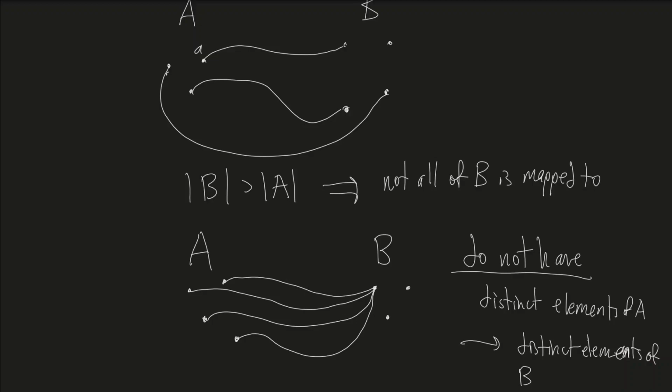Because we have 4 distinct elements of A. If we map to distinct elements of B, then we need to have 4 elements of B that are mapped to, but there are less than 4 elements of B. So it just can't happen. So this is when the size of A is greater than the size of B.